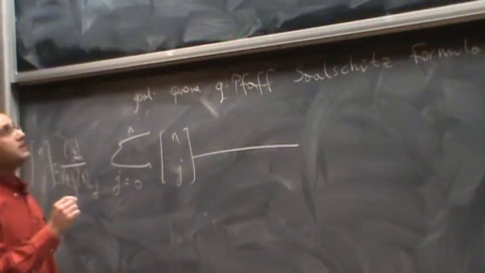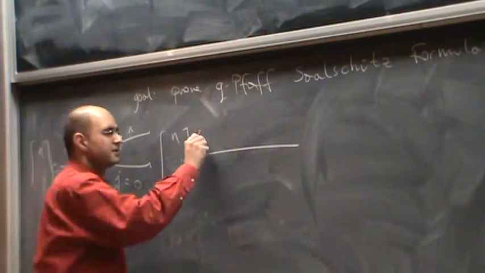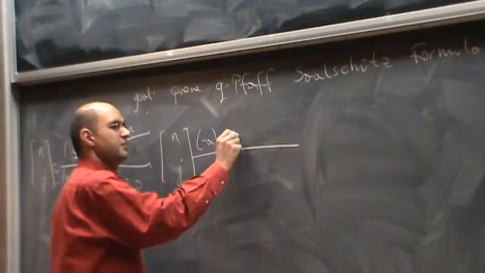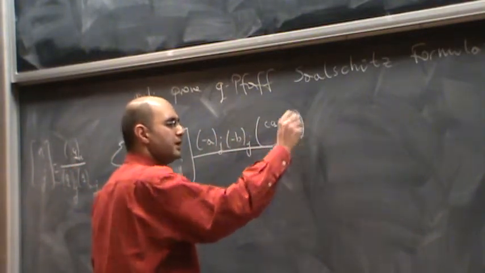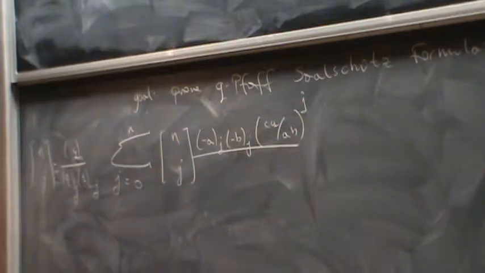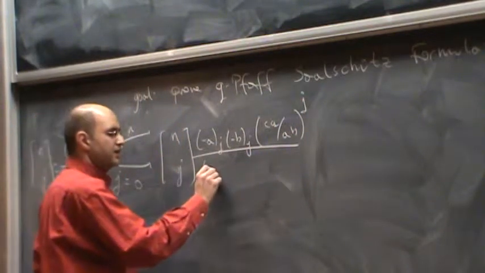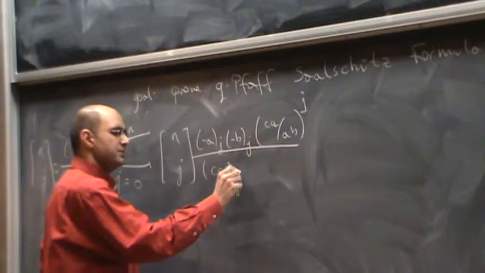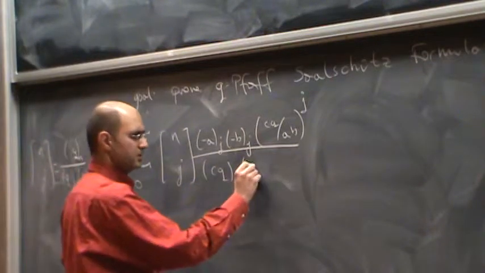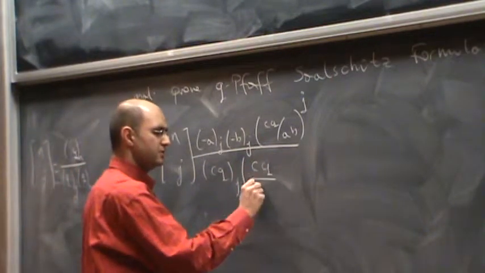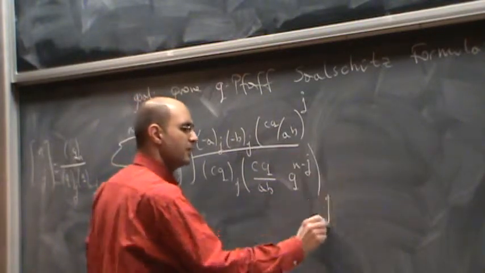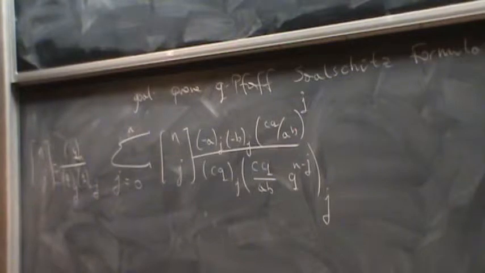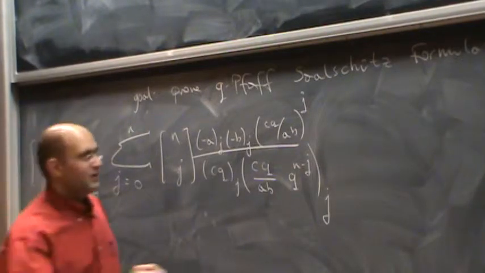And the quotient here is scarier. Minus a sub j, b sub j, cq over ab, that quantity raised to j. And downstairs we have cq sub j and cq over ab times q to n minus j sub j.